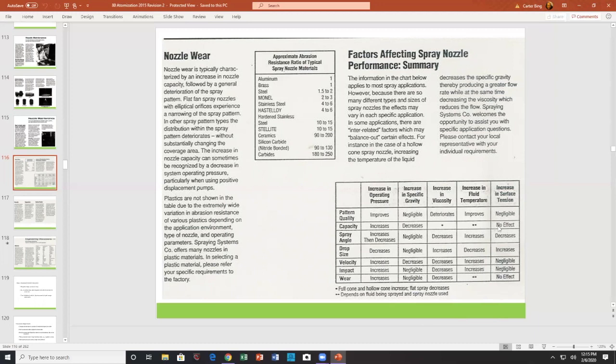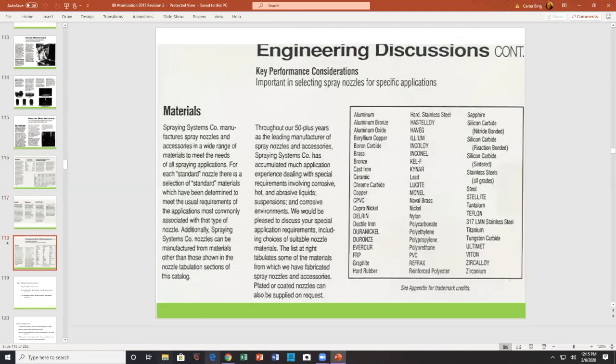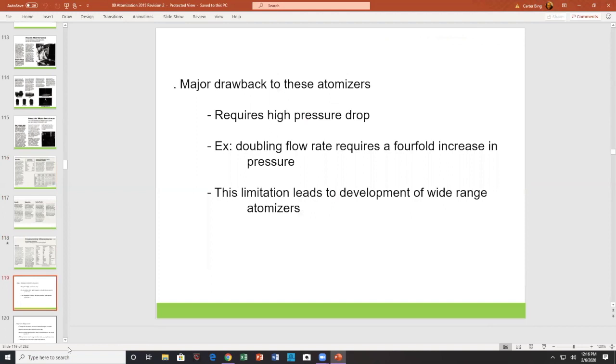Increases, decreases, no effect. Then we have more on density, more on temperature, and more on surface tension. Material of construction, I like this concept of using sapphires. Kind of cool.